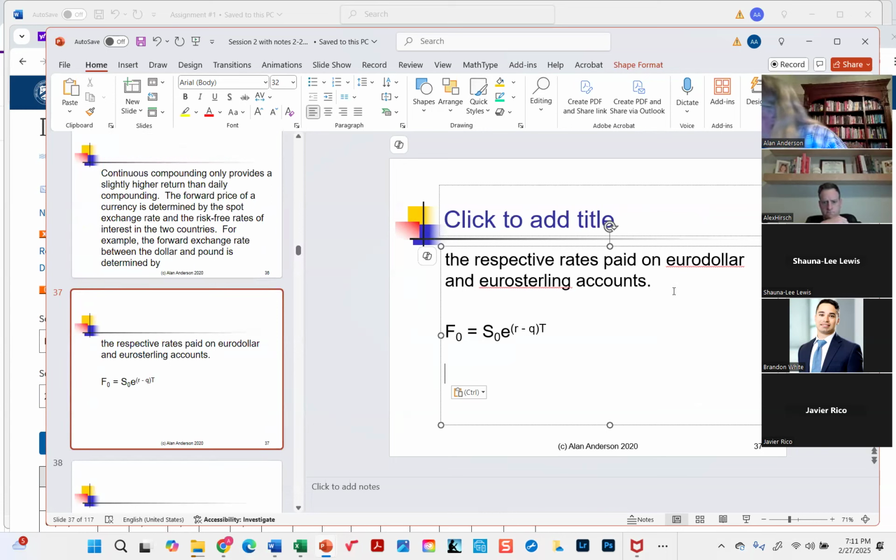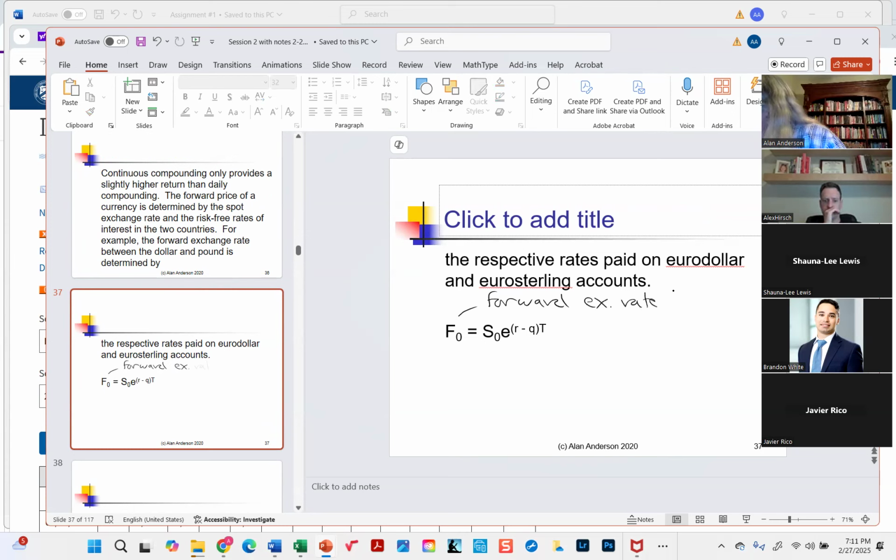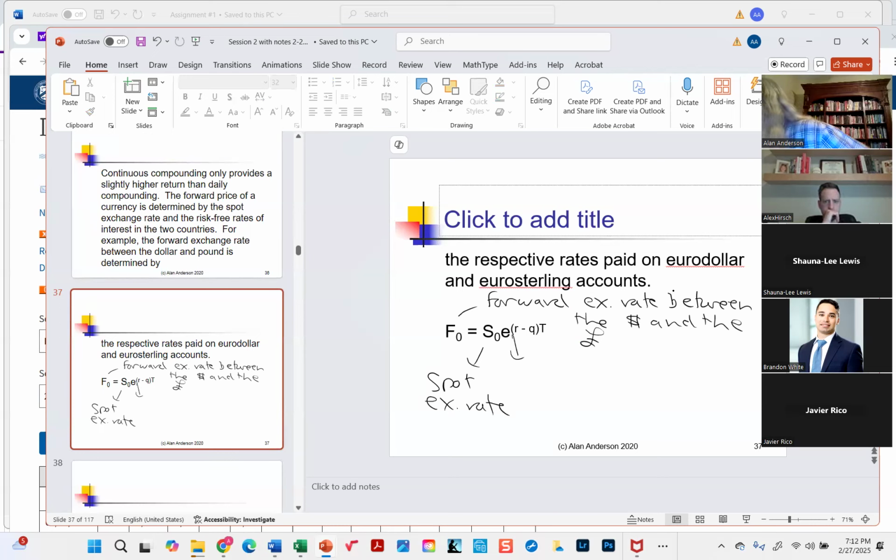So that means the forward exchange rate between the dollar and the pound: S is the spot exchange rate. R is the domestic currency, the eurodollar rate.